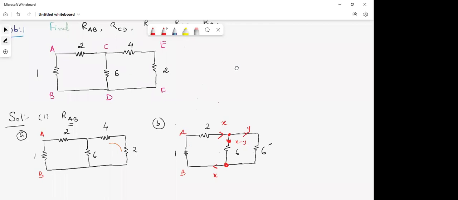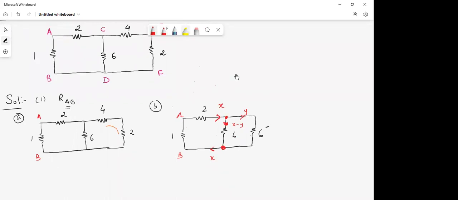So now, of course, the 6 and 6 ohms are in parallel.